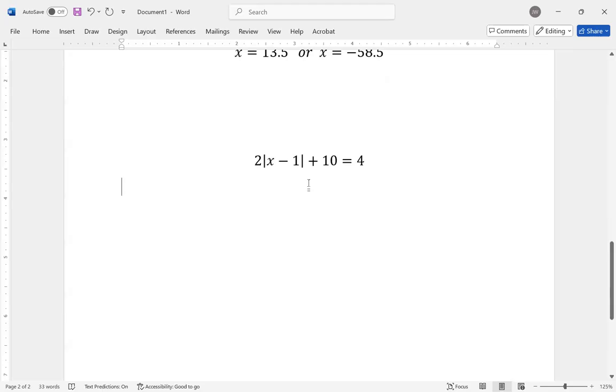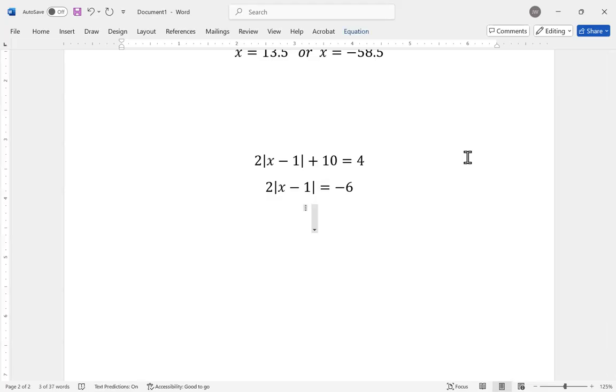In this other equation, what I would do is start by subtracting 10 from each side. I'd have 2 times the absolute value of x minus 1 is set equal to negative 6. When I subtract 10 from both sides, that's what I get. And then I would go ahead and divide by 2.